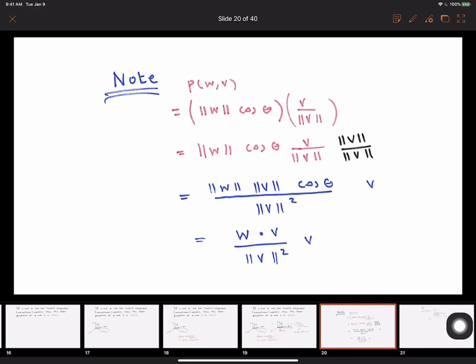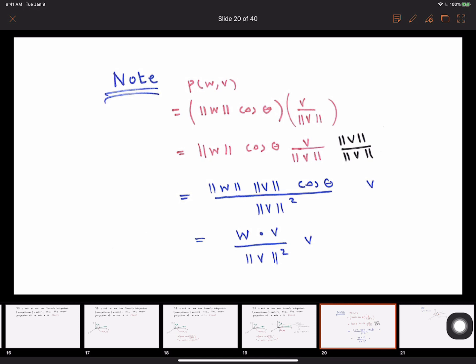So we have V magnitude twice at the bottom side in the denominator, so that's V squared, or V magnitude squared. This V right here is being moved to the right side, and this magnitude V is moved next to the magnitude of W, and cosine theta is pushed a little bit to the right.